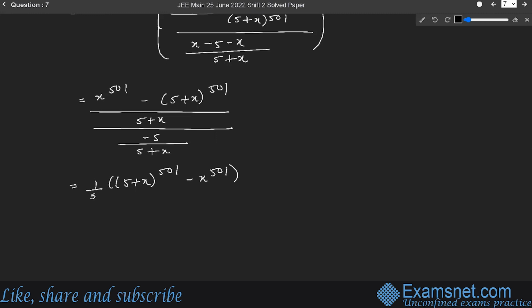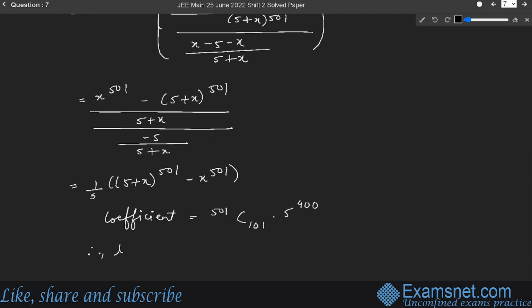Now the coefficient of x power 101 in (5 plus x) power 501 is 501 C 101 into 5 power 400. This is the coefficient of x power 101.